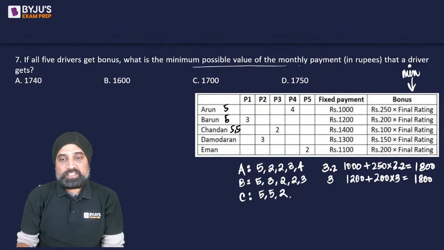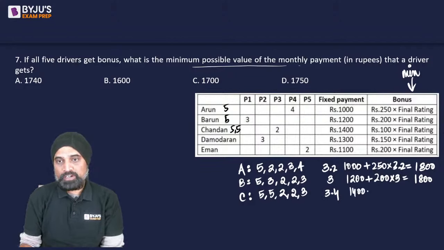So 2 5s are there, 1 2 is there, another 2 is there, and then a 3 is there. So this is going to be 17 by 5, which is going to give us 3.4, which will be 1400, the fixed payment, plus 100 into 7.4, which is 740 plus 1400, which will be more than 2000 for sure.